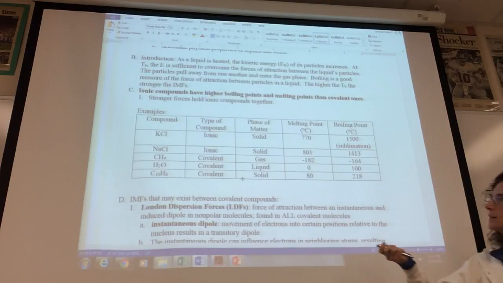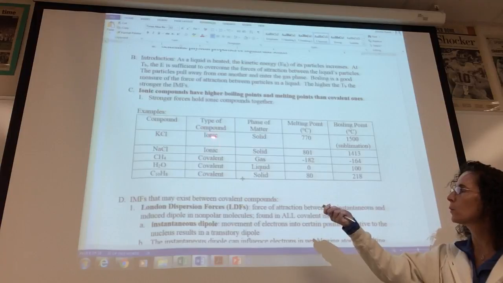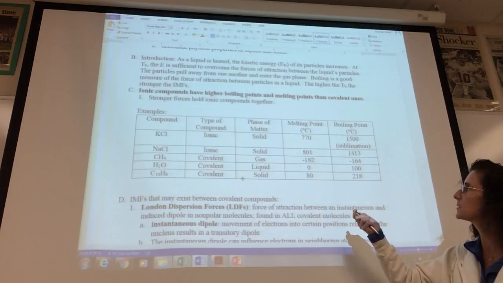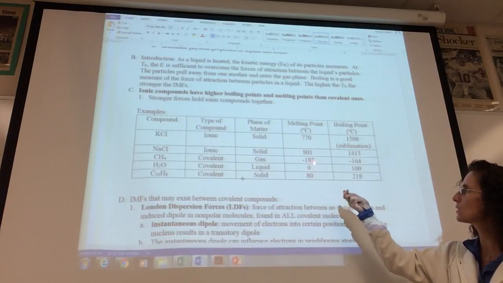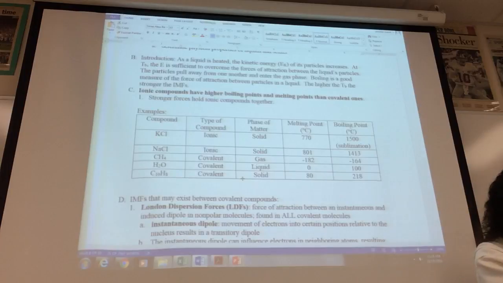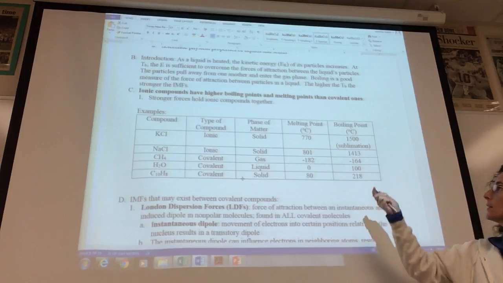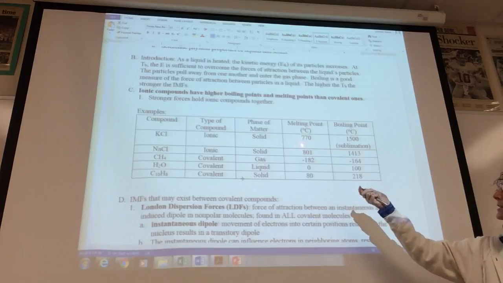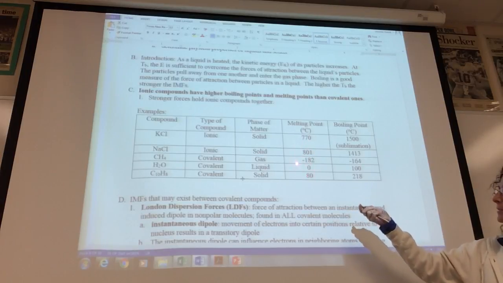So the ionic substances here, if we compare melting point, what would you say about the melting points of the two ionic substances here versus the covalent ones? They're relatively more, they're more higher. They're a lot higher, considerably higher. This is degrees Celsius. These both melt at about 800 degrees Celsius. These surround 0.